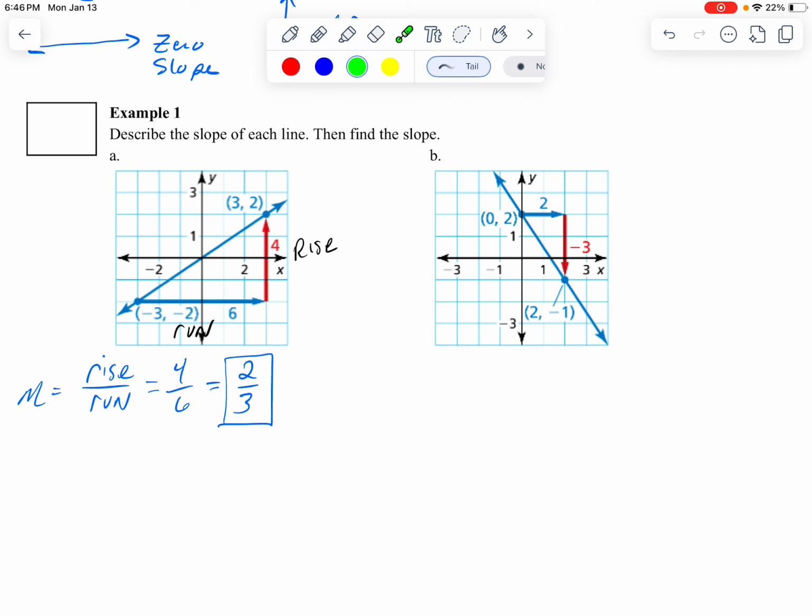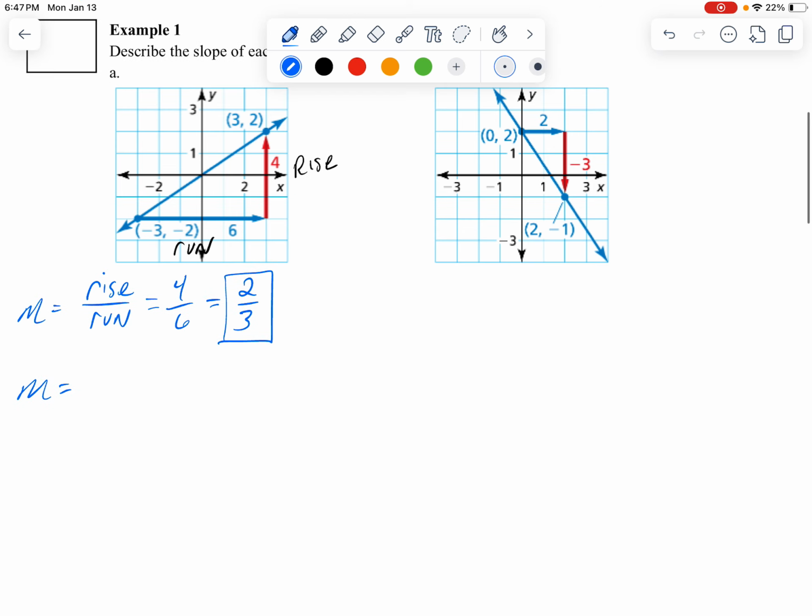So any multiple or simplification of this slope will work. We also talked about slope being change in y over change in x. And that's basically the same thing. This is the change in y from one point to another, which was 4. This is the change in x. So again, that would be 4 over 6 or 2 over 3.